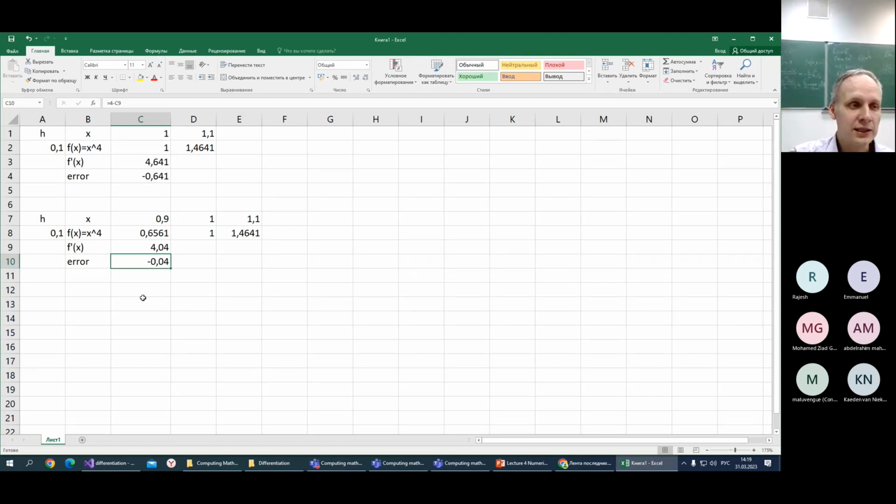What happens if I decrease the step? Here, h is decreased. And here, I also decrease the step. You see that in the first case, the error decreases 10 times, but in the second case, the error decreases 100 times.